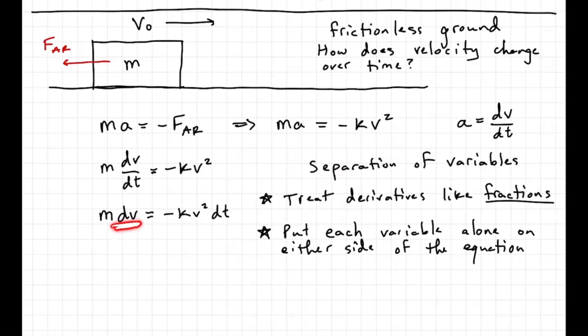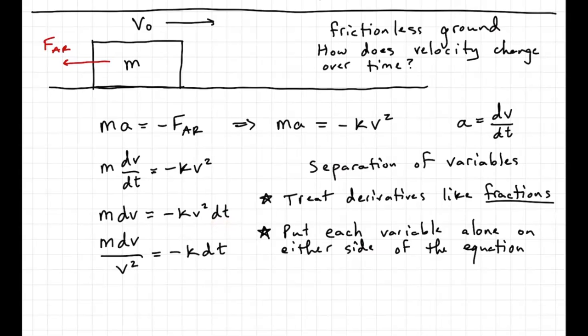So this is representative of some velocity variable. I also have v over here. So I'm going to move this to this side and keep dt on this side as representative of my time variable. So I'm going to do m dv over v squared equals minus k dt.